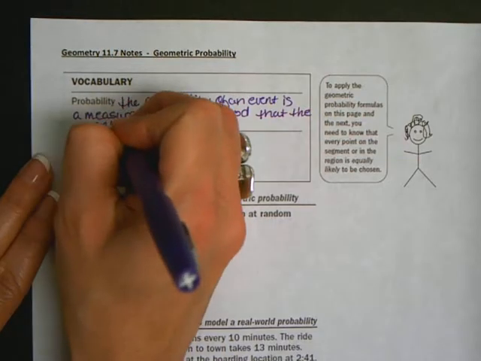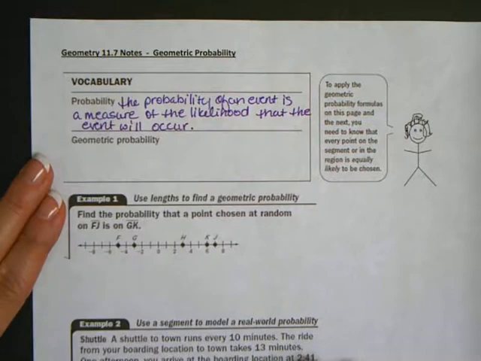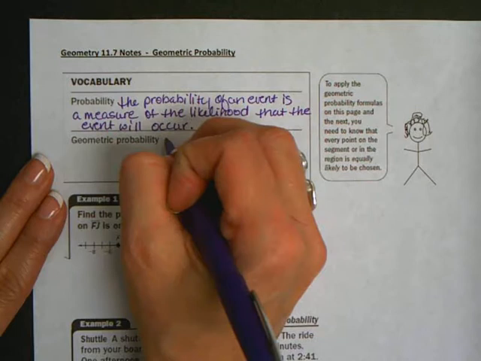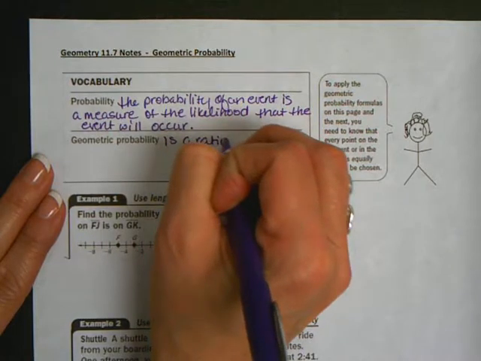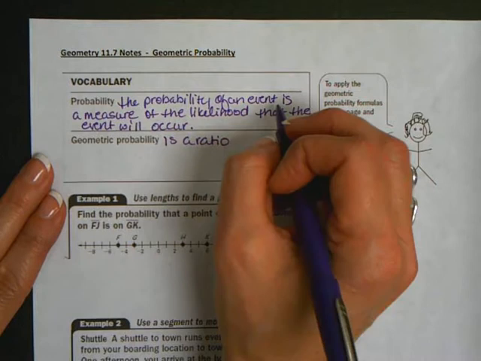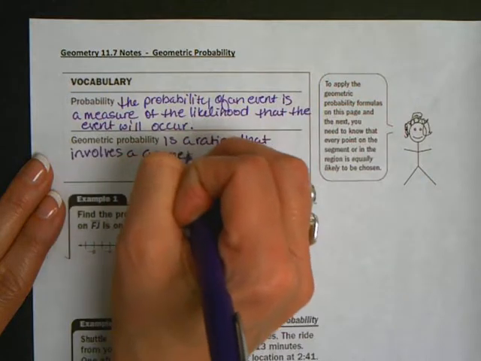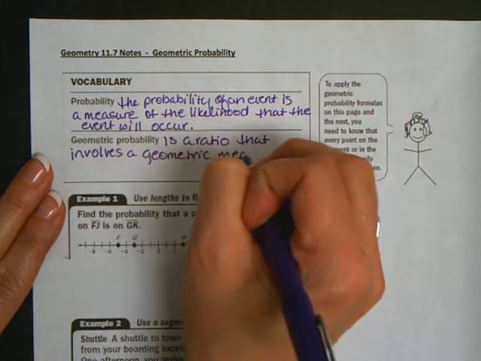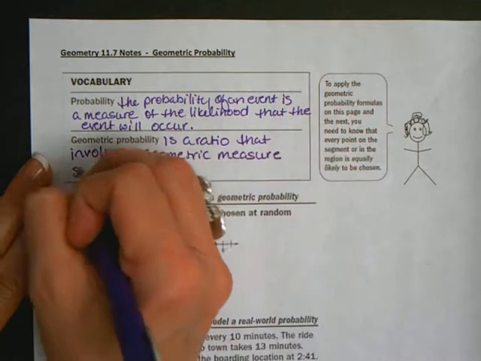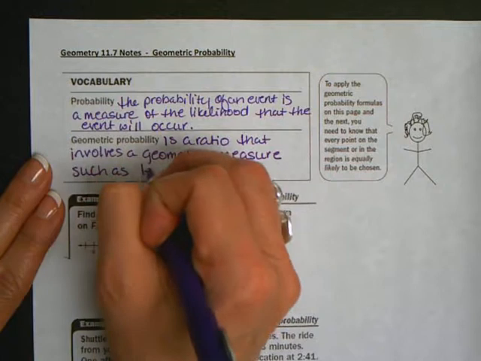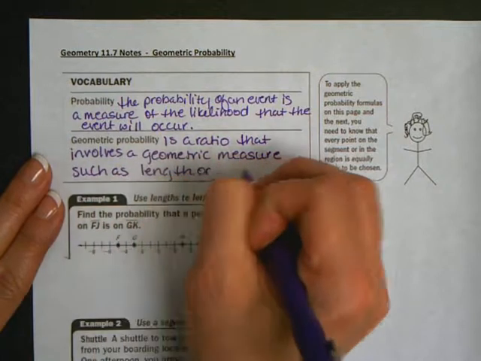Geometric probability is a ratio. It's a geometric measure such as length or area. So they're both ratios, and we're comparing two different numbers and seeing what the outcome is. I can leave it as a fraction, as a decimal, or change it to a percent.